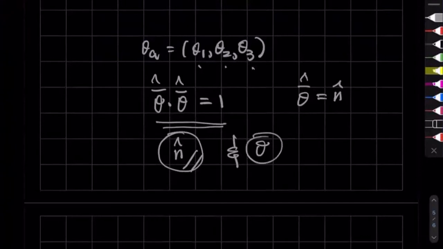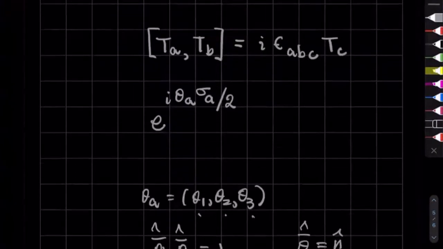This is essentially saying that any combination of rotation can be thought of as one rotation around some axis. There's a theorem by Euler that allows that to happen, but let's not get bogged down in that.